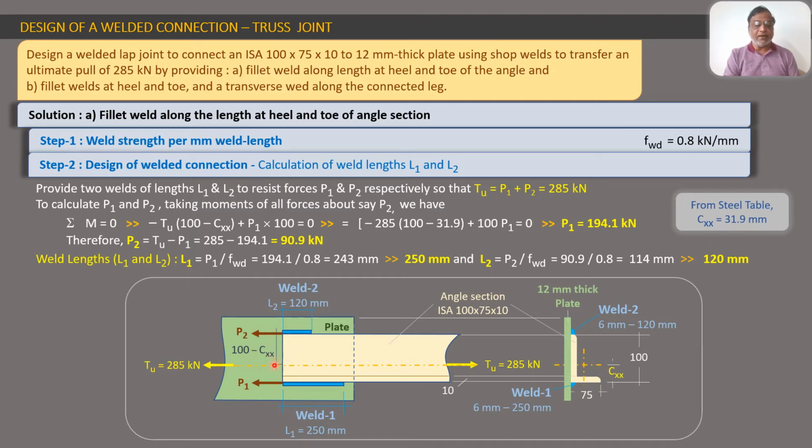In this section you see that the total is 100, out of which this is Cxx, the centroidal distance of the x-axis from this leg. So 100 minus Cxx will be the distance between Tu and P2. So multiply Tu into 100 minus Cxx.